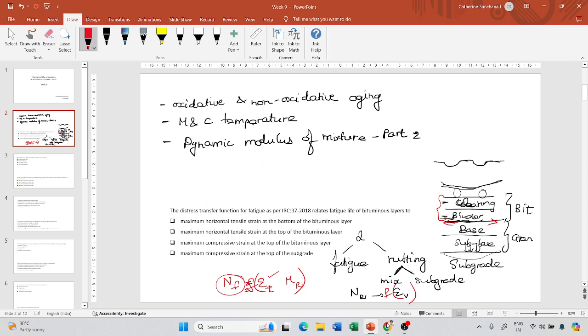So if you see here, the right option would be maximum horizontal tensile strain at the bottom of the bituminous layer. So it is not the maximum horizontal tensile strain at the top of the bituminous layer. Okay, they are not considering that. It is not the maximum compressive strain at the top of the bituminous layer. No. And it is also not the maximum compressive strain at the top of the subgrade because that corresponds to rutting. Okay.